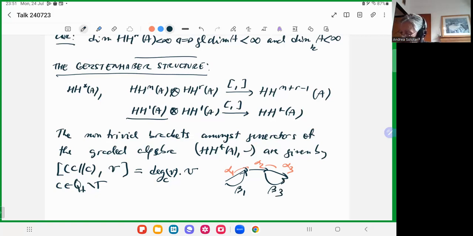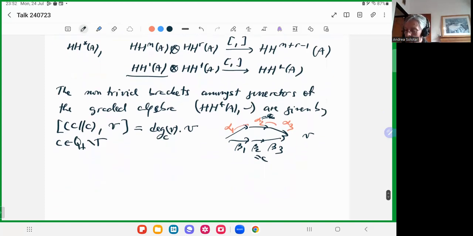So in this case, the degree of this element B in C will be 0, because we will have 1 in this part, the part with relations, minus 1 in the part without relations, okay? If, for example, this is not C and the path is a bit different, so we have beta 1, beta 2, beta 3 without relations, and suppose that now this one is C, so here the degree in C will be 1, okay? So it's easy to compute it.